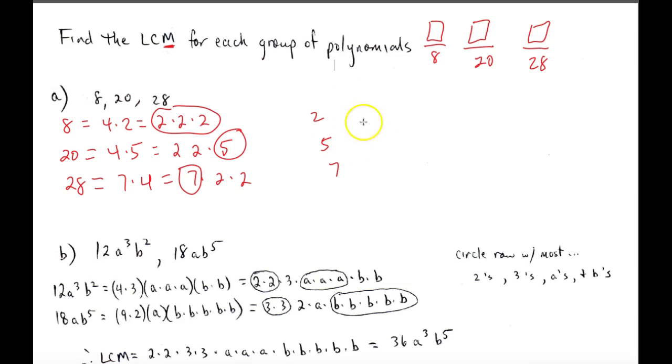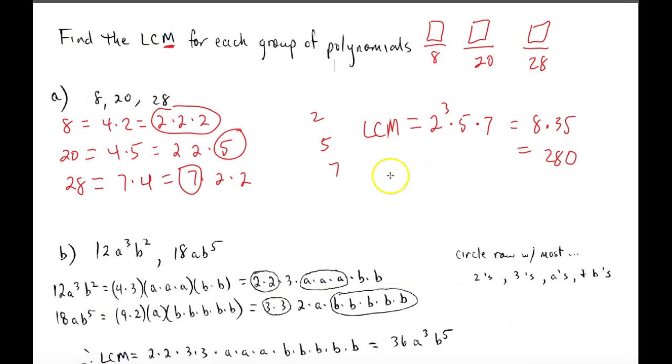So our LCM would just be all these multiplied together. So 2 cubed times 5 times 7, which will basically be 8 times 35. 8 times 35, that's 0, carry the 4, that would be 280.